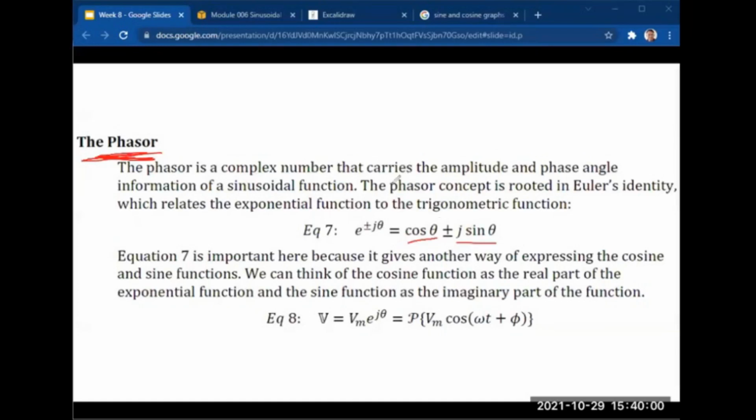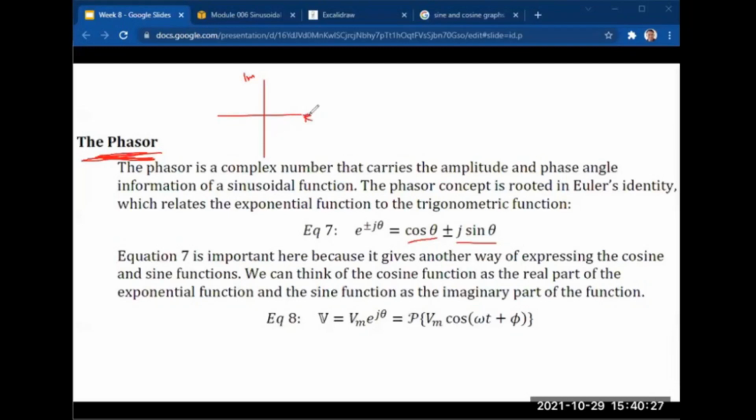So what happens in an exponential function, or Euler's identity, when we graph it on a phasor diagram? If we plot it on the phasor diagram, this is the imaginary part, and then this is the real part.